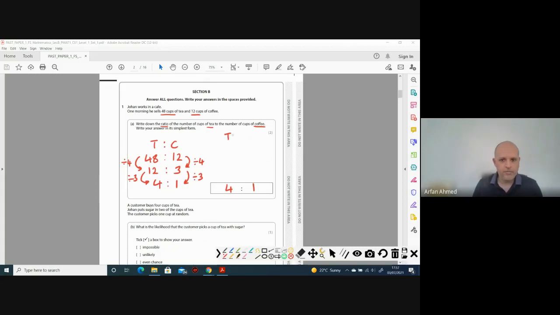Some of you might have noticed you could have done it in one step, because this was in a couple of stages. In one step, you could have seen that 12 goes into that once, and 12 goes into that 4 times. You would have got the same answer.